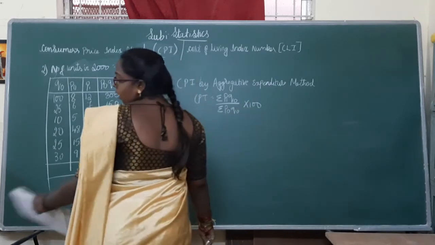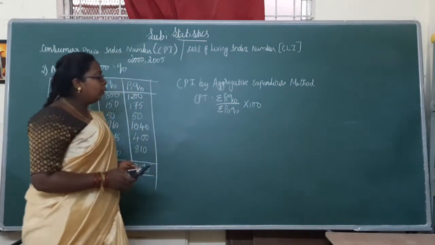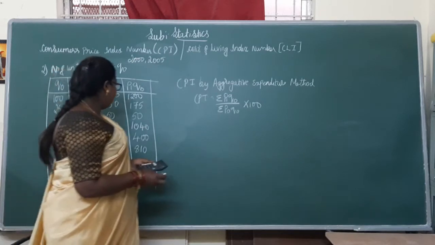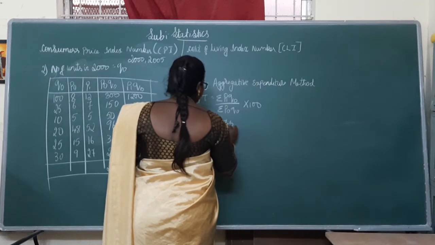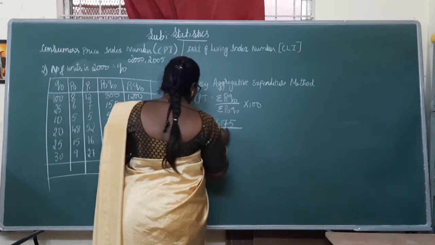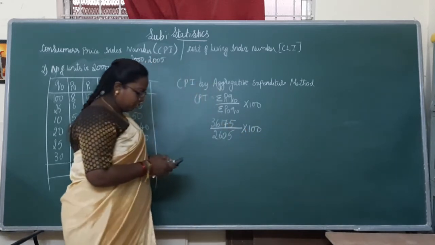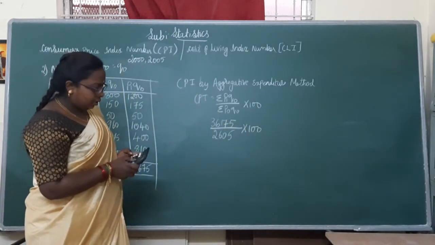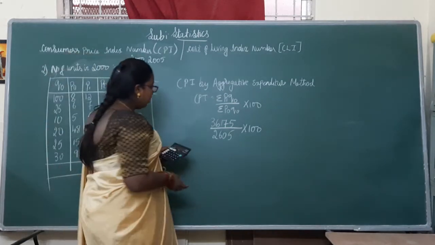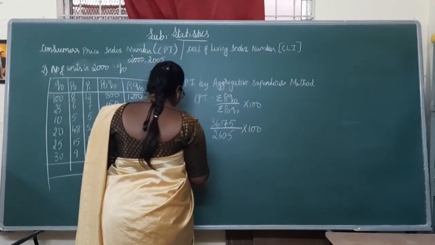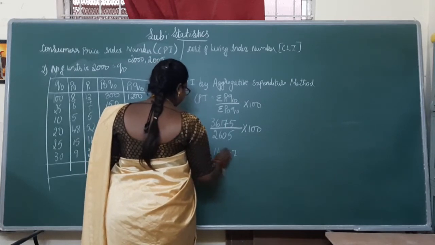So my consumer price index formula is sigma P1 Q0 divided by sigma P0 Q0. That is 3675 divided by 2605 into 100. So 3675 divided by 2605 into 100. My CPI is equal to 141.07.